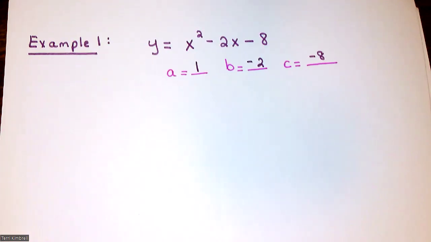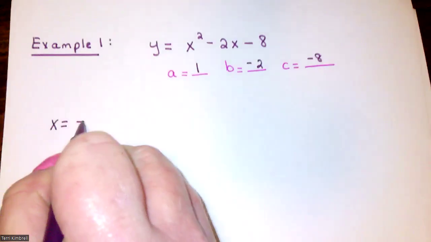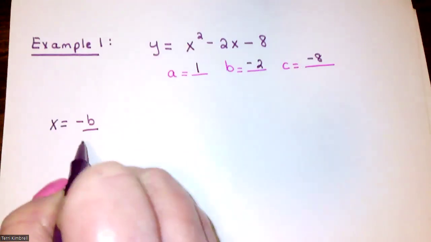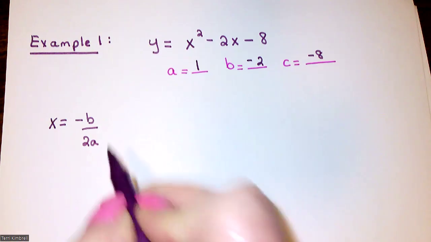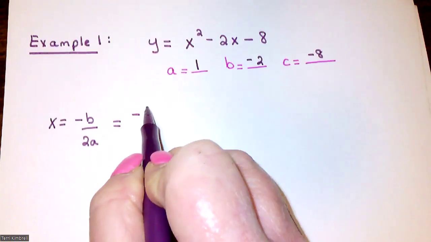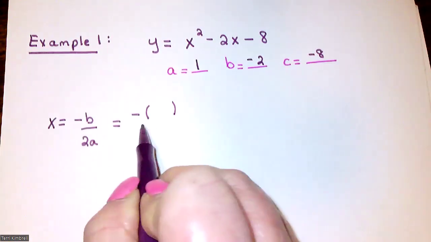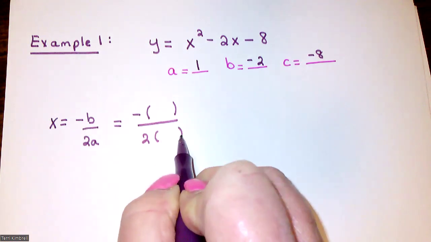Now, the first thing as you go through is you want to try to find the vertex of the parabola. So you want to use the first part of your quadratic formula, which is -b over 2a. So as we plug that in, you want to put your negative, and then you're going to plug your b in. You're going to put your 2, and you're going to plug your a in.